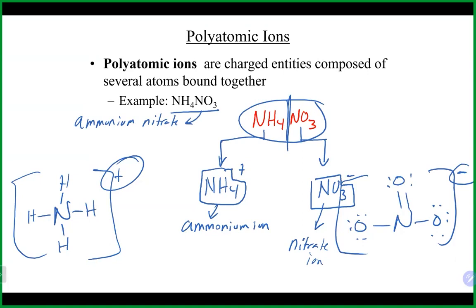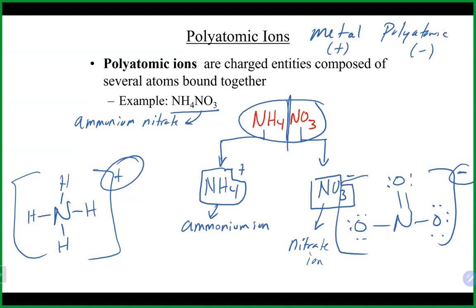Now, for the most part, most polyatomic ions are negatively charged. There's a few positive ones like this one. Hydronium ion is also positive, but the vast majority of polyatomic ions are actually negatively charged. So what usually happens is a polyatomic ion will be hooked up with a metal. A lot of times you will see a metal and a polyatomic ion together, with the polyatomic ion being negative and the metal being positive.